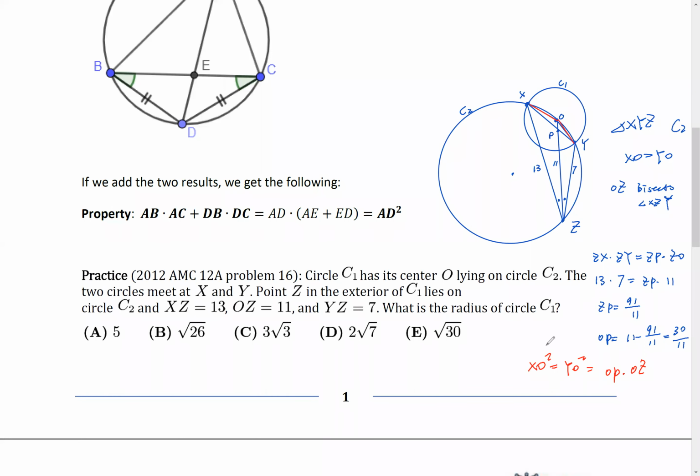XO squared equals YO squared equals OP times OZ. So let's plug in. OP is 30 divided by 11. OZ is 11. So 30 is the radius squared. The radius is the square root of 30.